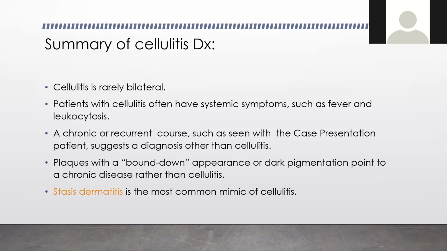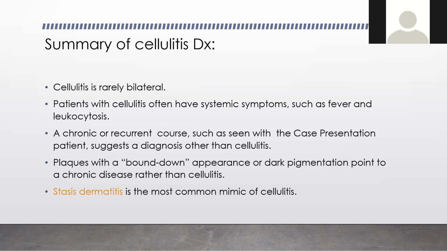Next. So, summary of cellulitis diagnosis. It's rarely bilateral. Patients with cellulitis often have systemic symptoms such as fever and leukocytosis. A chronic or recurrent course, such as we saw with the case presentation patient, suggests a diagnosis other than cellulitis.